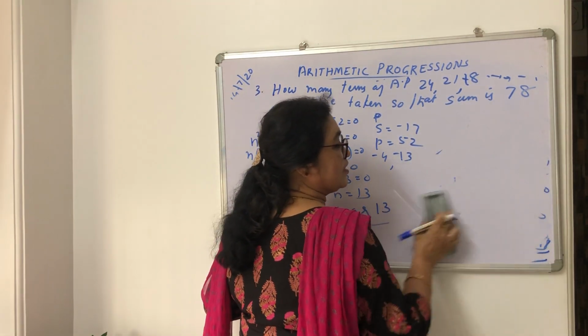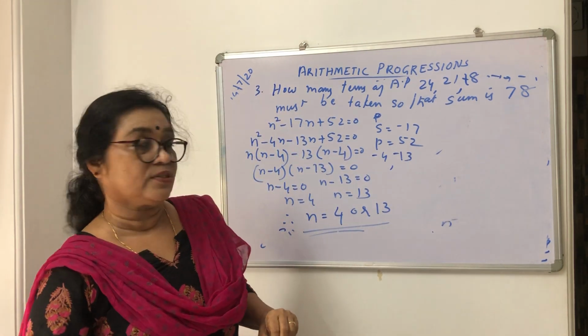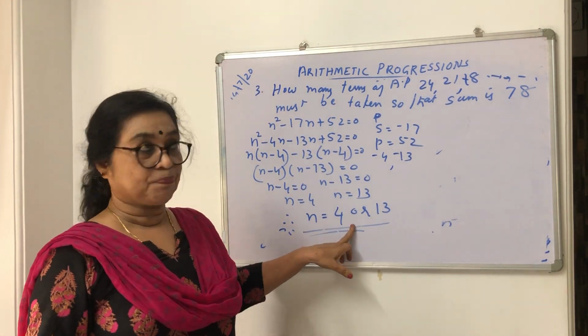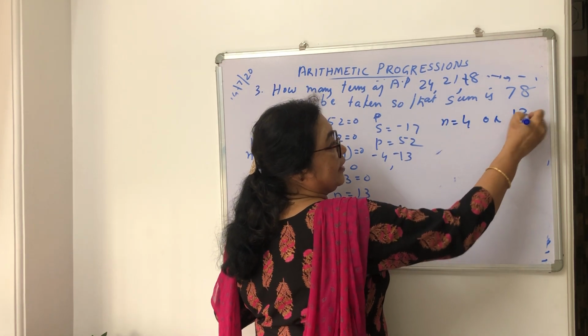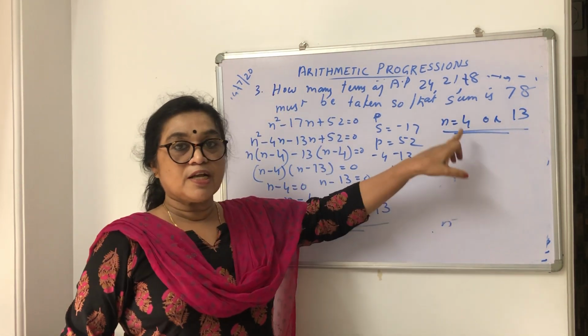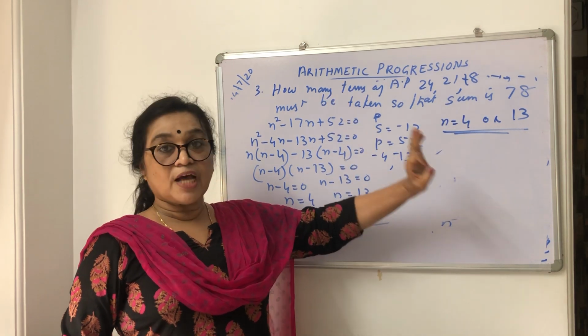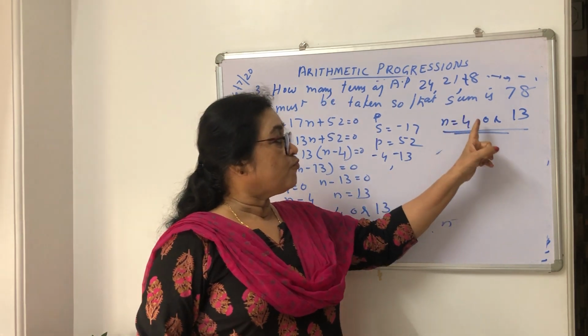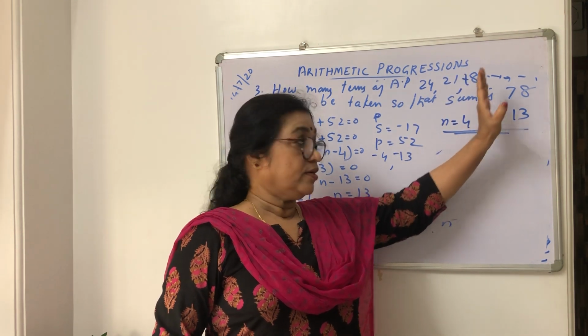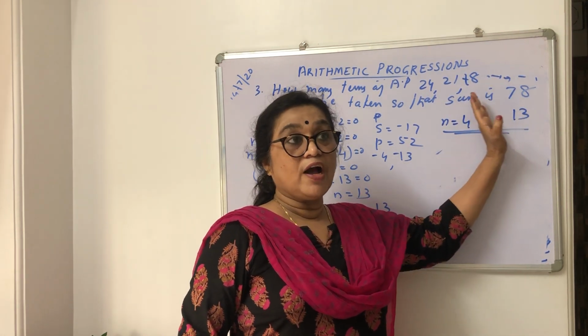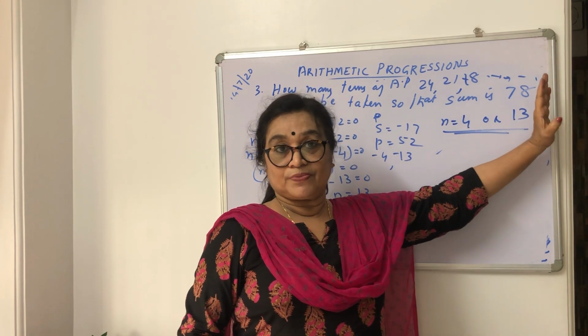What is the reason for this double answer? The number can be 4 or 13. The reason for this double answer is that the sum of the terms from the 5th to the 13th is 0. That is, if you take the terms from 5 till 13, the value will become 0.